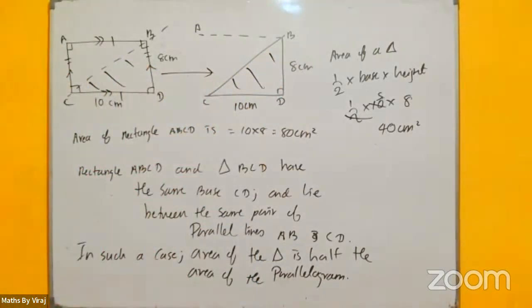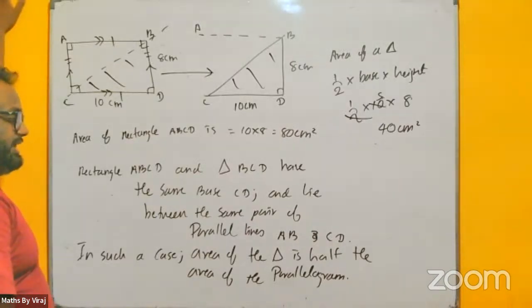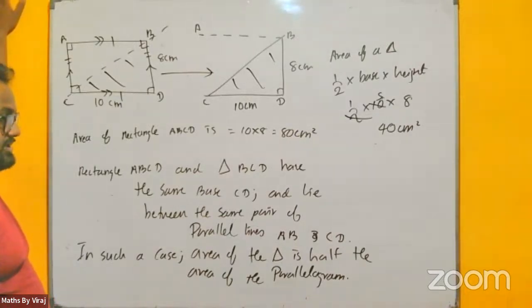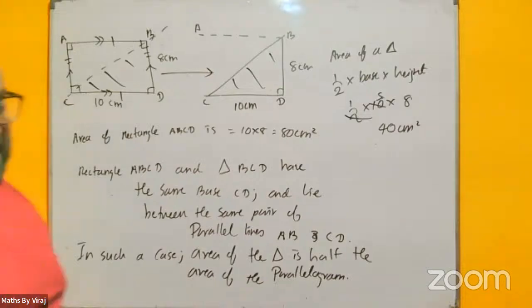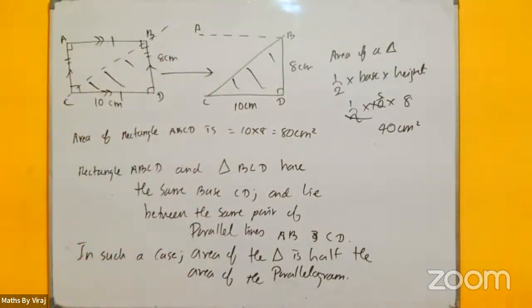The triangle also has the same base CD. Area of the triangle is half into base into height, half into 10 into 8, which is 40. Area of rectangle ABCD is 10 into 8, 80 square centimeters. In such a case, the area of the triangle is half the area of a parallelogram.